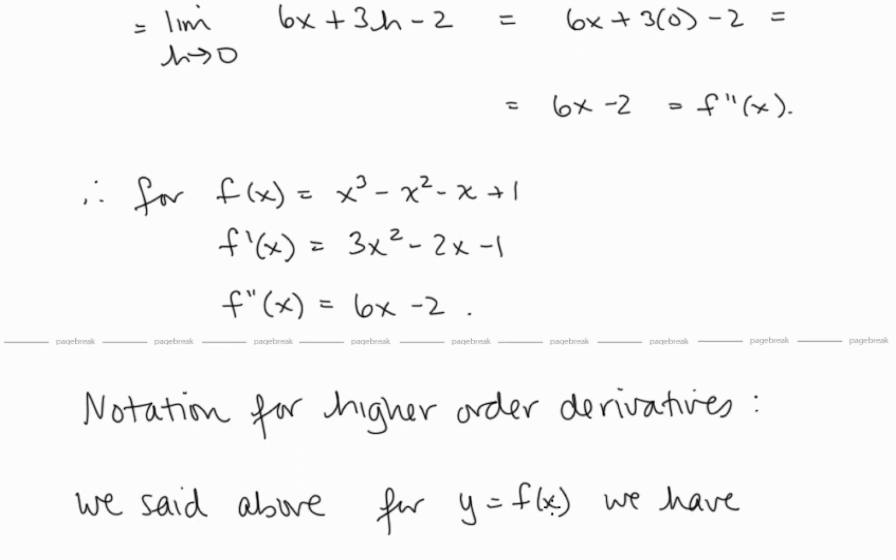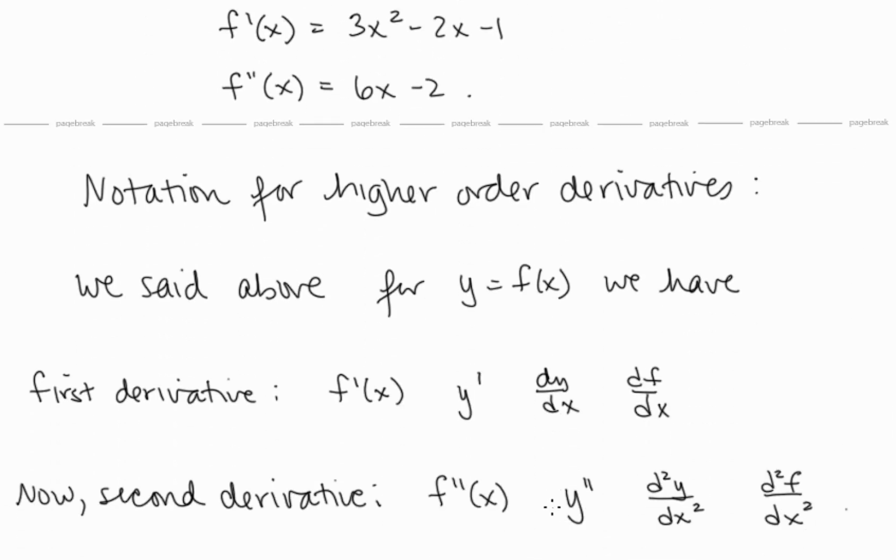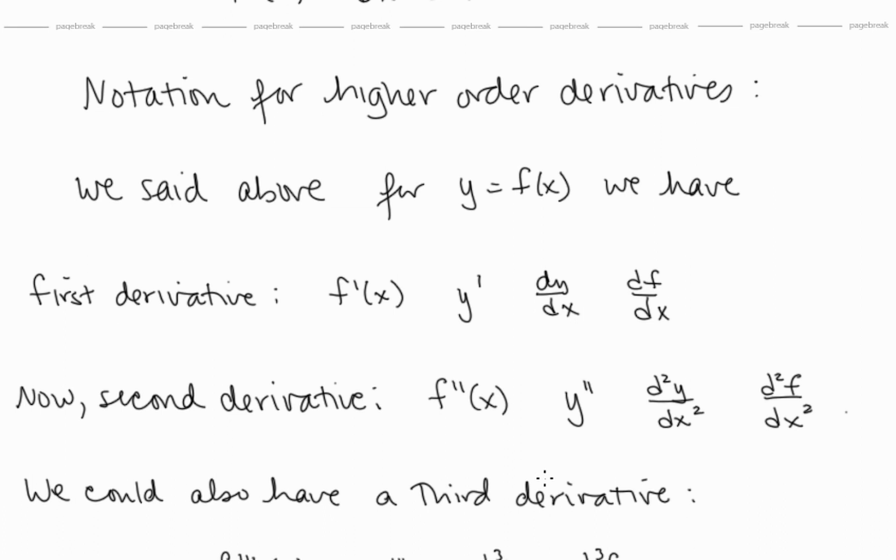Now let's take a look at the notation for higher order derivatives. We said above that for y equals f of x, we have the first derivative, f prime of x, y prime, dy dx, df dx. So similarly, we could talk about the second derivative, f double prime of x, y double prime, d squared y over dx squared, d squared f over dx squared.